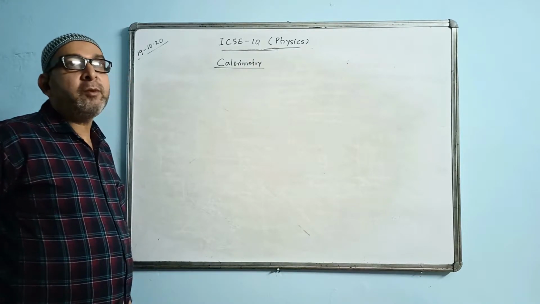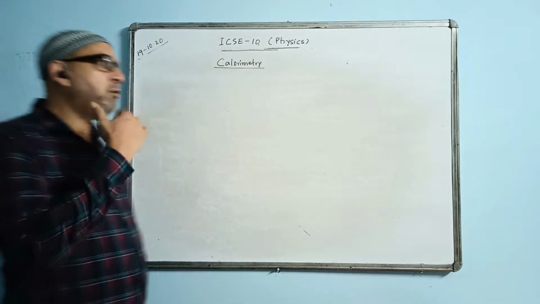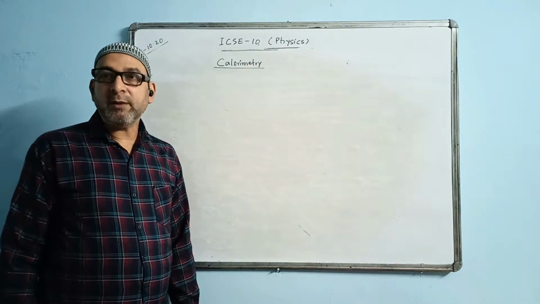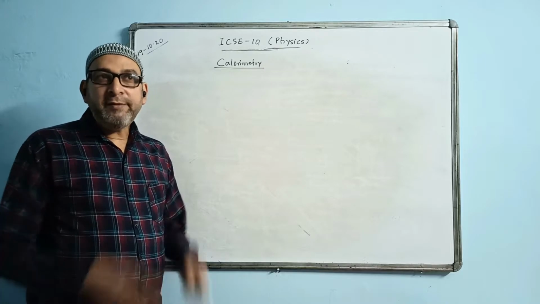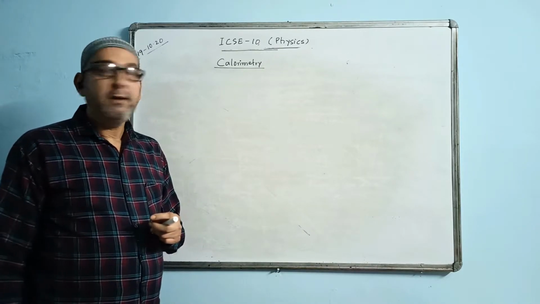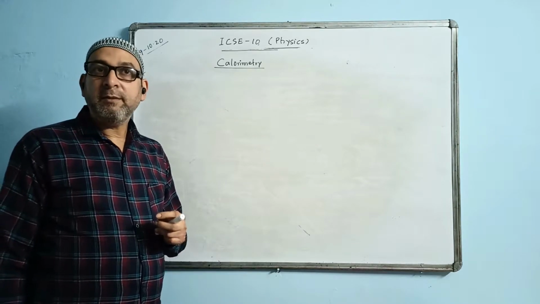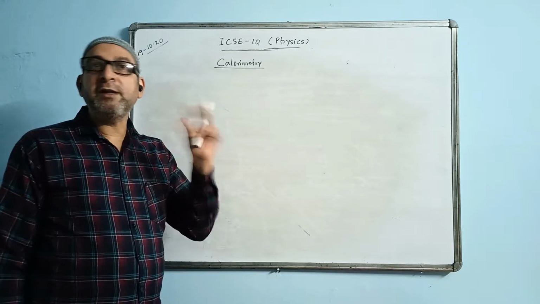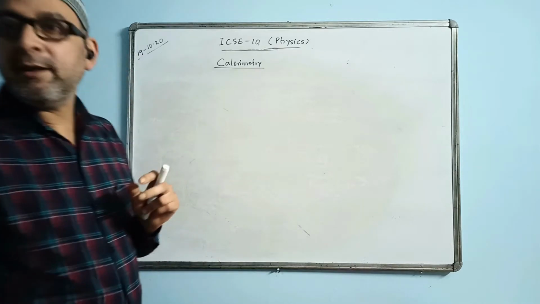Last time I was talking about when we supply heat to a body, heat to a substance. Normally we see there is a change of temperature, there is a rise of temperature. But at times we see that there is no change in temperature, no rise in temperature as well.